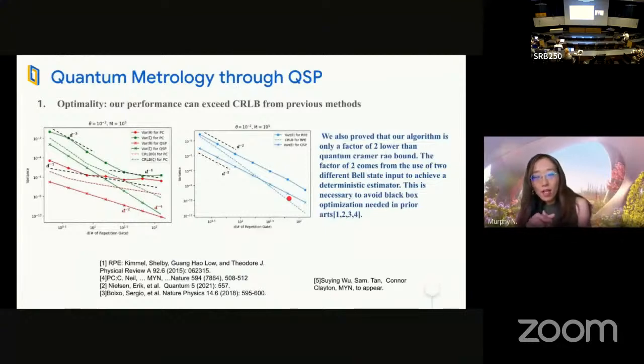But another important thing is we are not only optimal with respect to the Cramér-Rao bound, we are also only a factor of 2 away from the optimal circuit design for the quantum Cramér-Rao bound. And this factor 2 is kind of unavoidable if we want to achieve a deterministic estimator.